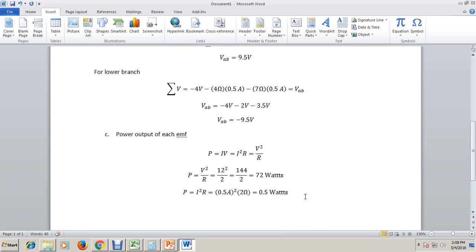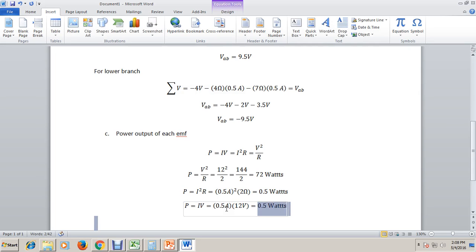Now the other form, let me just complete the whole set. The other form is I times V. So this is given as 0.5 amperes, and you multiply this with V, which is 12 volts. So this is 6 watts.